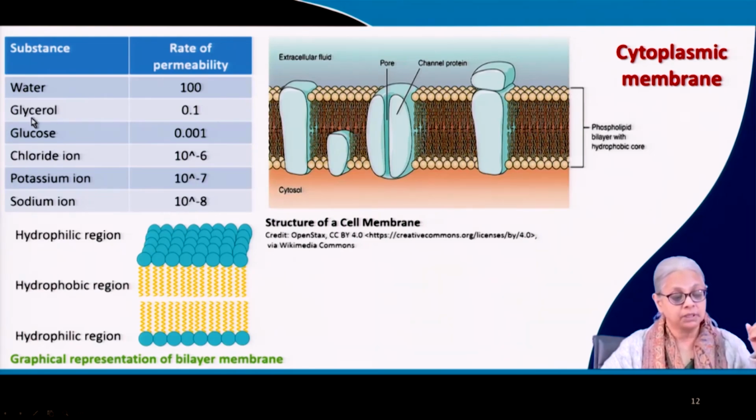Okay, so you look at all the other compounds. How well do they pass through the membrane in comparison to water? So water is given 100, just to give a relative scale. Glycerol is 0.1, which means 1000 times less permeability compared to water. Glucose is even less than that, so that is 10 to the power minus 5 times.